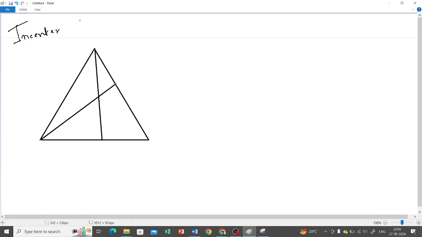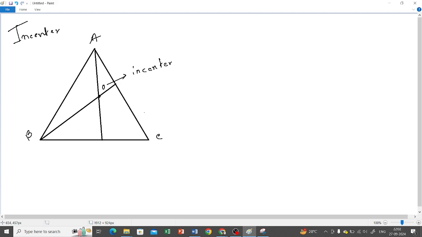See, the incenter is the intersection of angle bisectors. This is the incenter.